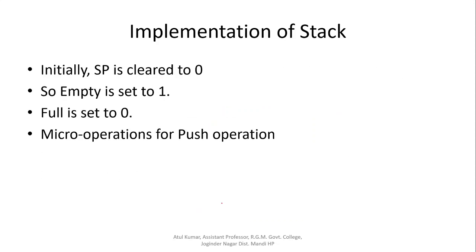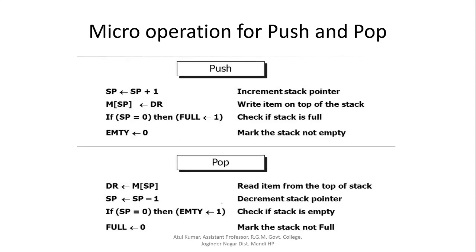Initially the stack pointer is cleared to 0, so empty is set to 1 and full is set to 0. Now these are the micro operations for push and pop in computer organization. For push operation, firstly we increment the stack pointer, SP is equal to SP plus 1.